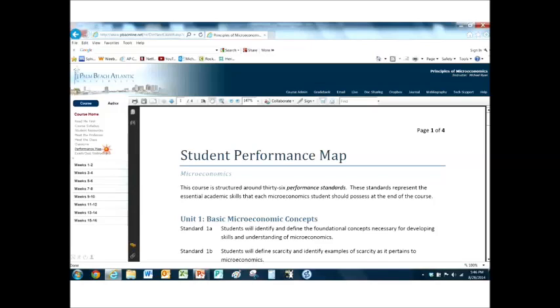I didn't take a textbook and frame the class around a textbook. I didn't get a bunch of PowerPoint presentations from the publisher and then just load them into eCollege. I created 36 performance standards. I wrote them personally. I didn't find them on the internet and copy and paste them. I didn't get them from a focus group.